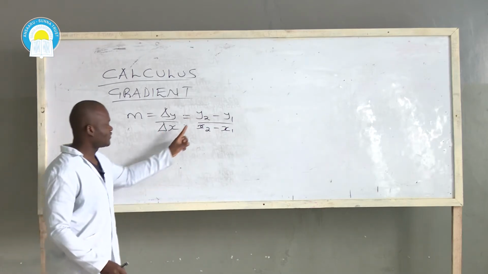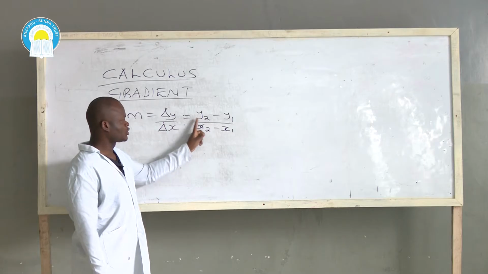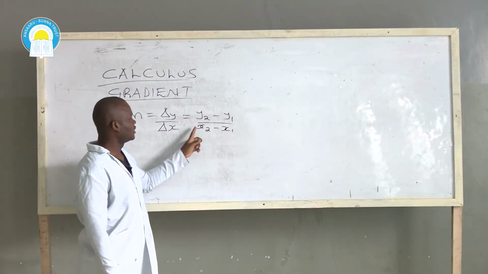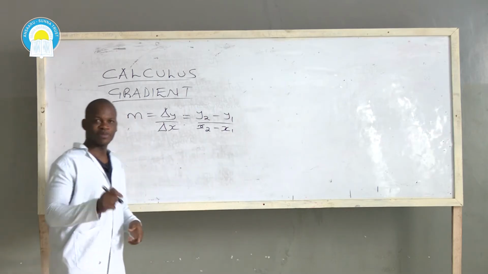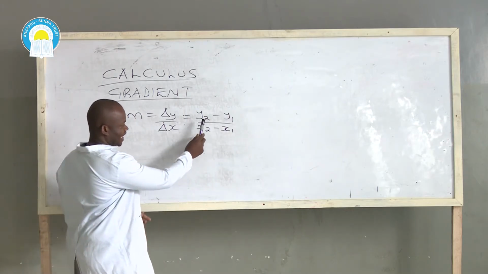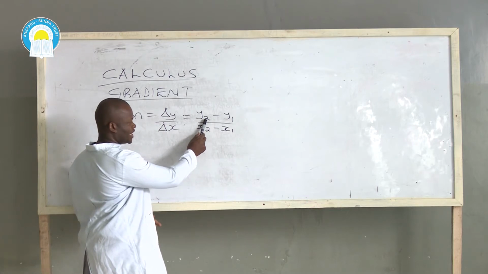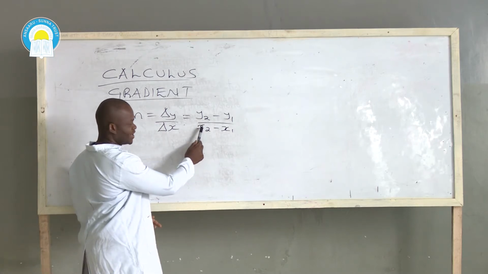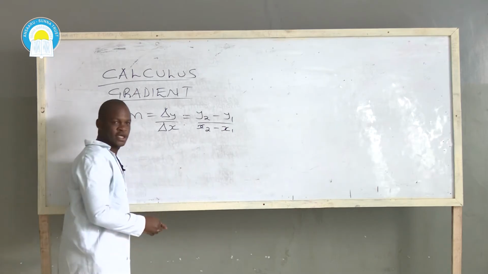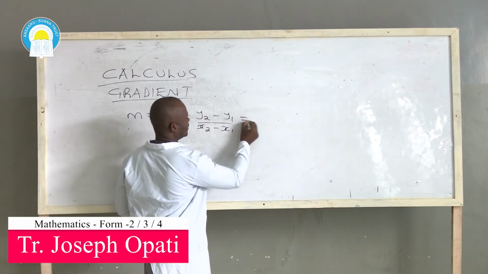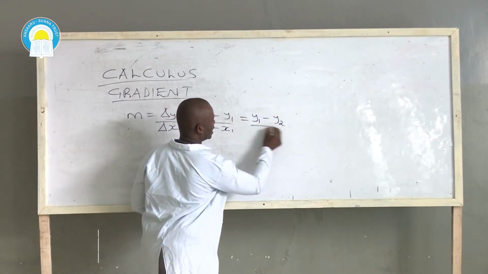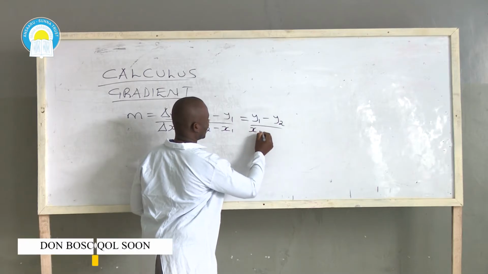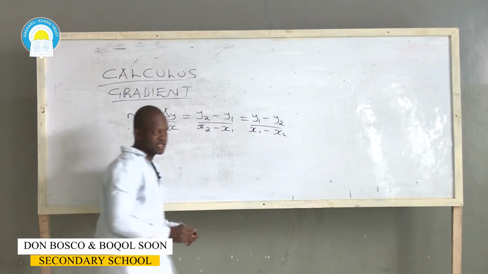Then we have y2 minus y1 over x2 minus x1, implying if I begin here with y2, I should maintain that consistency on the denominator here. I should begin with x2. But if I began with y1 in the numerator, I should begin with x1 in the denominator.